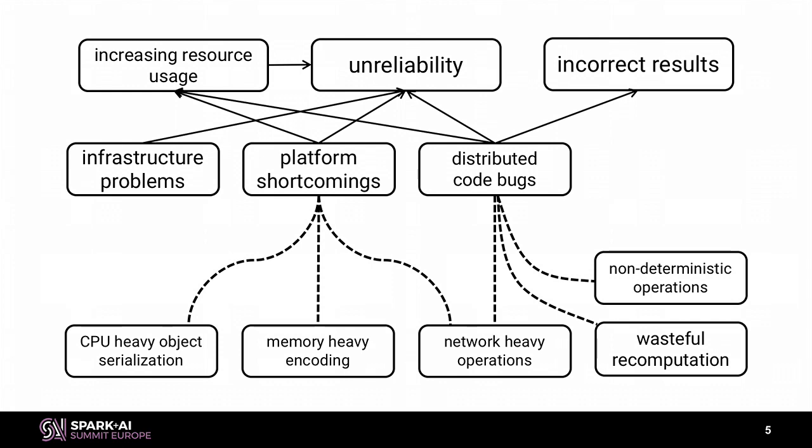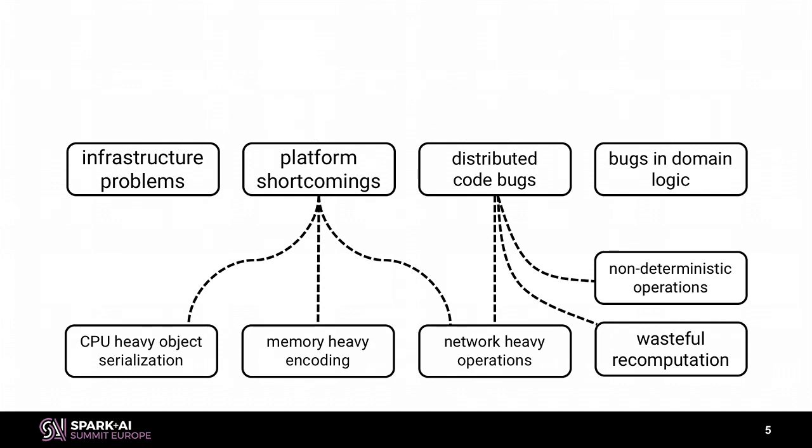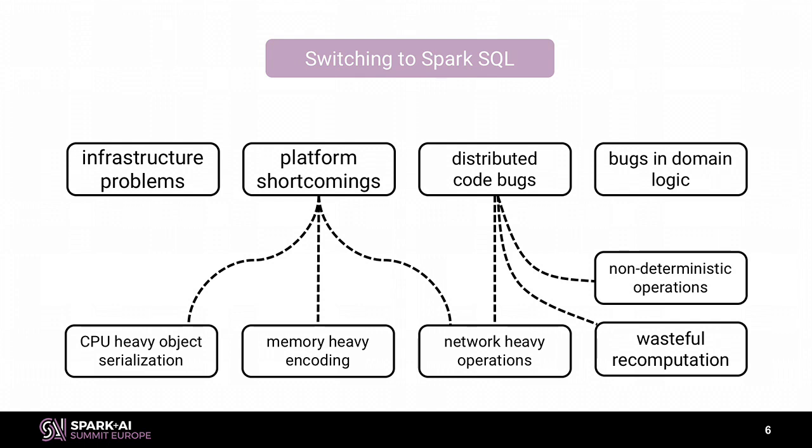So basically, we were reaching the limitations of Spark itself in terms of what it can do with RDDs of JVM types. And we figured that we could fix some performance problems by migrating to Spark SQL. We knew that this wouldn't be a silver bullet, but it could help alleviate a lot of the problems we were facing.